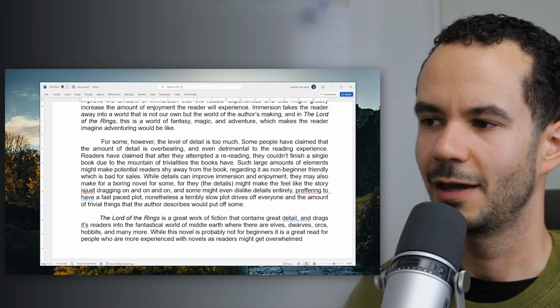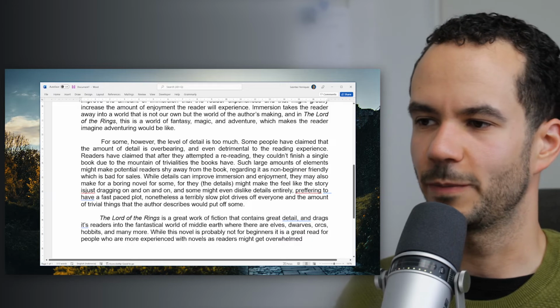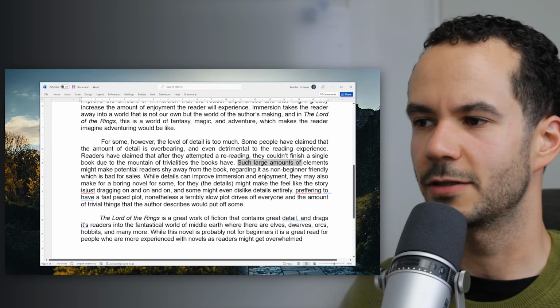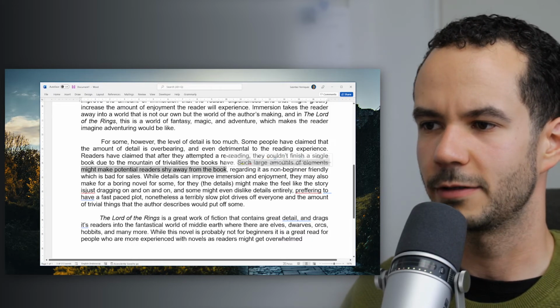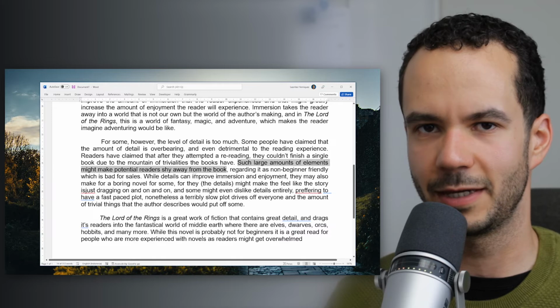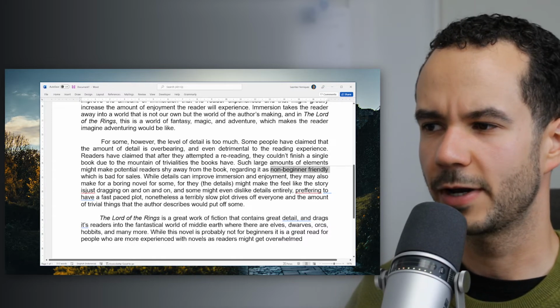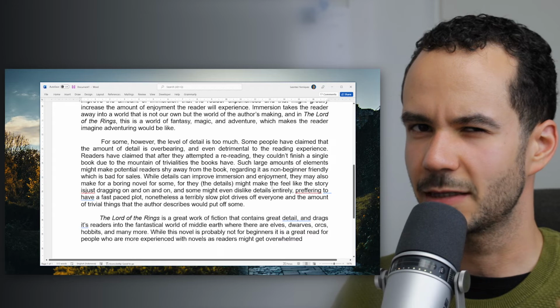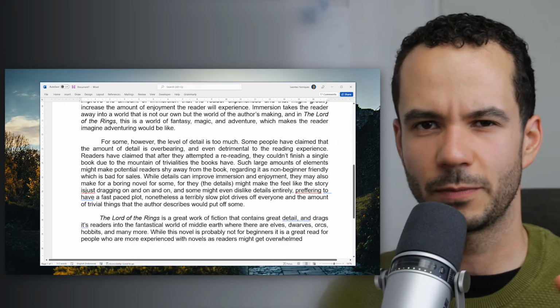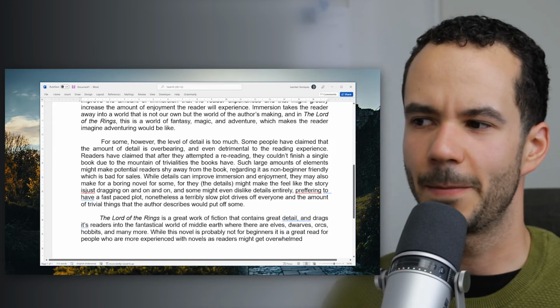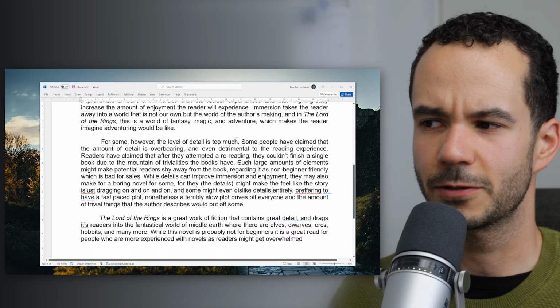Now this is a difficult construction, because when you read this, you might want to say, right, this book is not suitable for beginners. And then we get the construction non-beginner friendly, which kind of indicates that it's not friendly towards beginners, but more friendly towards people who are advanced readers.